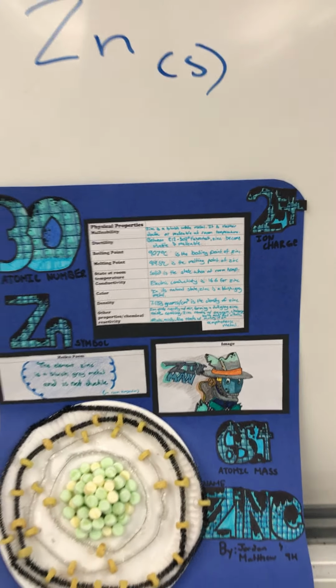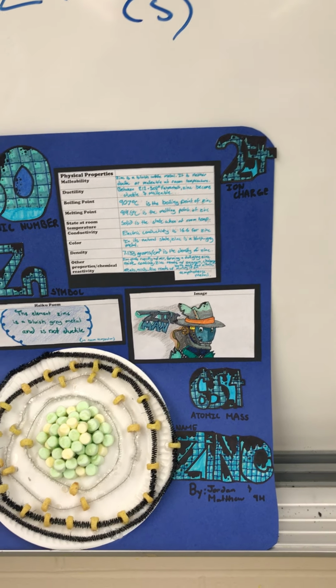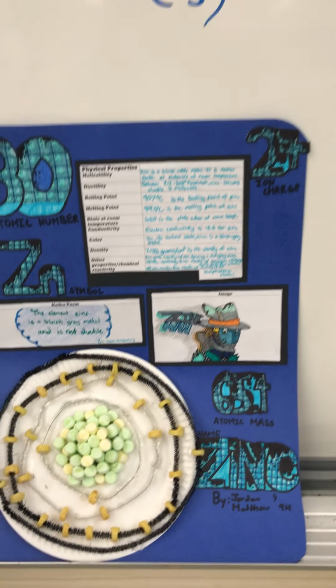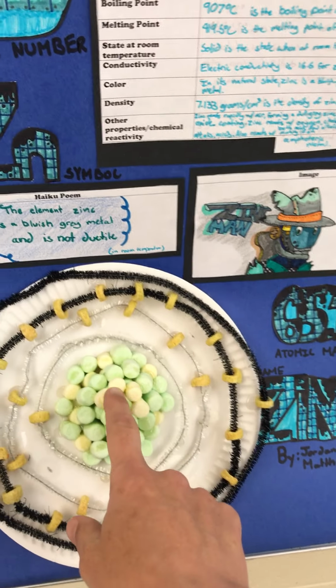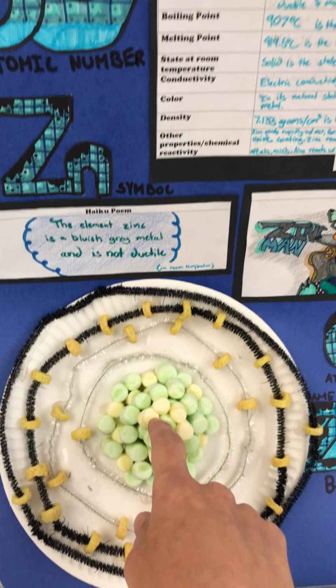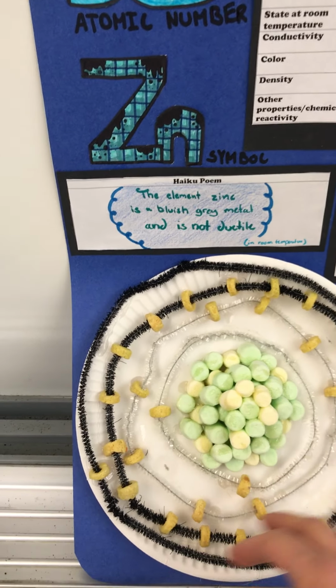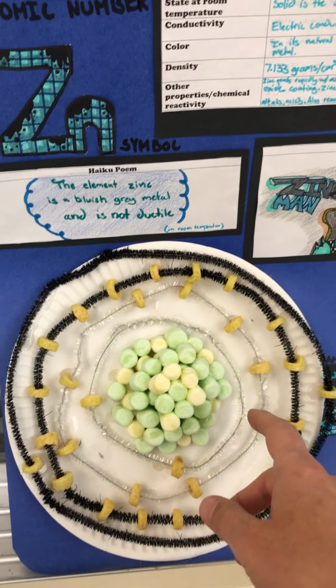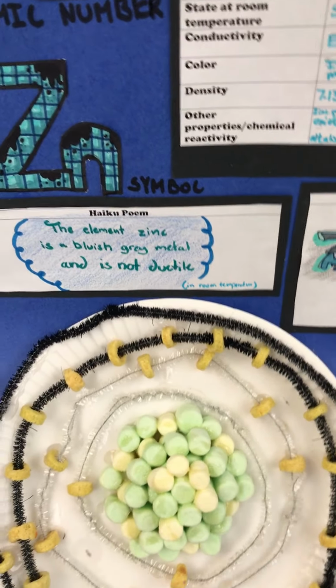That means it is going to give away 2 electrons to whoever is going to take them. In our Bohr models, the people would have made 30 protons, 30 of the yellow or green, and 30 electrons, so 30 Fruit Loops, and then they would have had 35 neutrons, so the other color of the Fruit Loops.